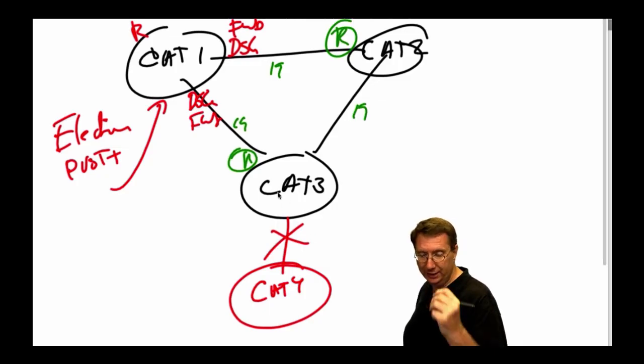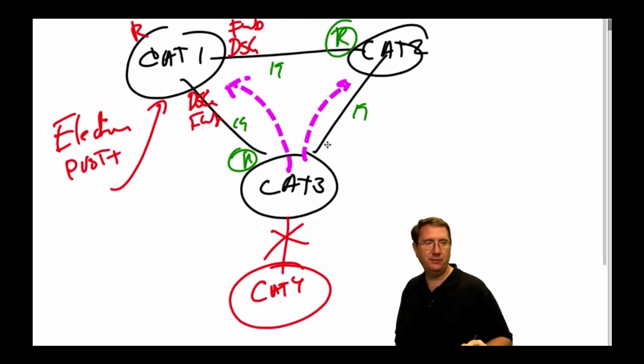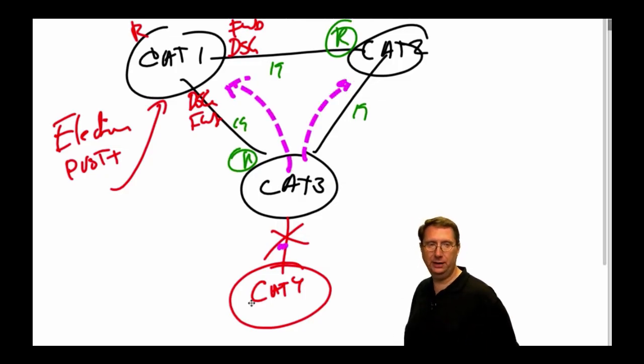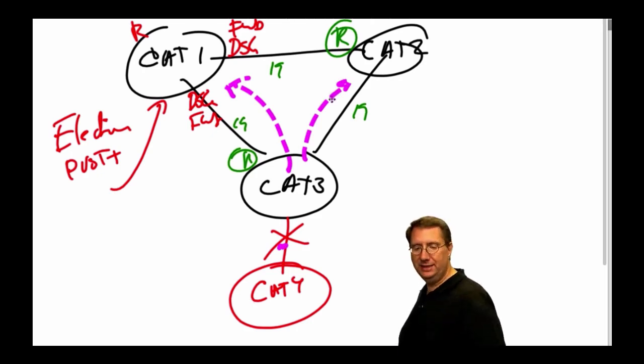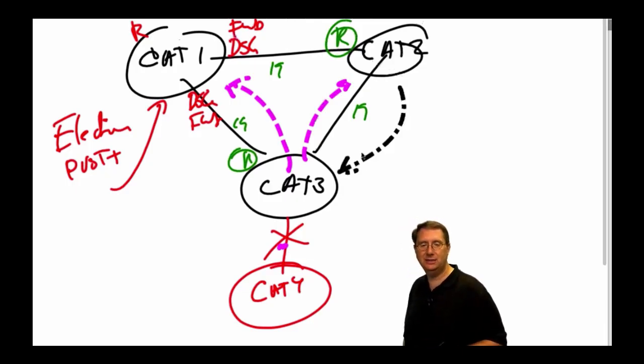Well, that means this switch is going to send a message out of its ports saying, something's happened, I've lost this connection right here. Well, this message would be relayed through our infrastructure until ultimately it reaches the root bridge. If it was to go up, Cat 2 would end up forwarding it to the root bridge, and it's going to send a message back, and that message is going to say, it's been received, you need to wait, stop sending me this message.